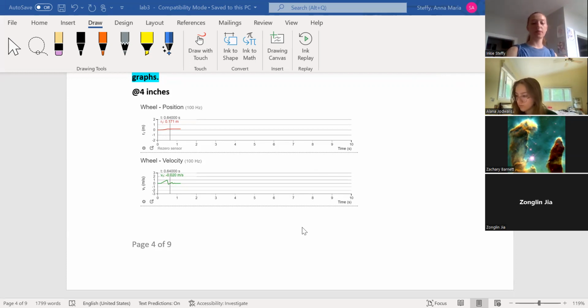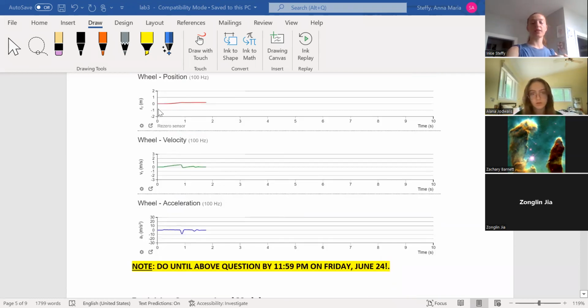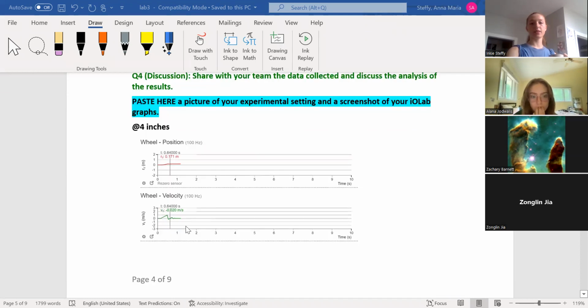I should be able to put these positions into the principle and predict that at 4 inches it will have a greater speed than at 1 inch, and that's what my graphs show. These lines are very flat, and this line went very fast.